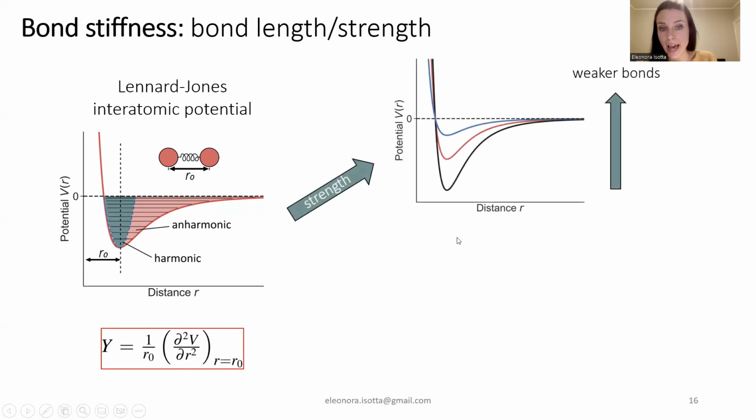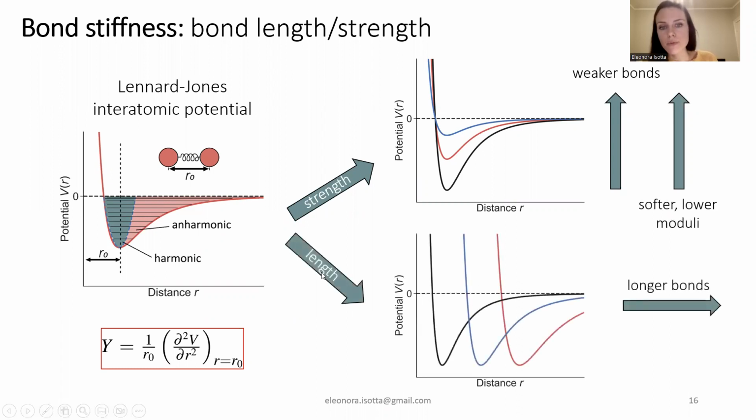This is what happens when we change the bond strength. When we introduce weaker bonds, this is the way the Lennard-Jones interatomic potential changes. We can see that for weaker bonds, the curvature at the bottom of the potential will be lower, and so this means that we will have softer or lower moduli.